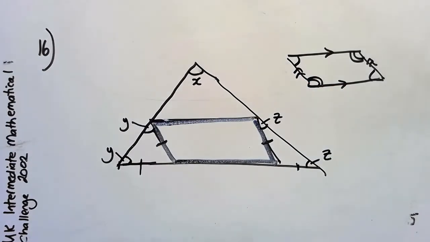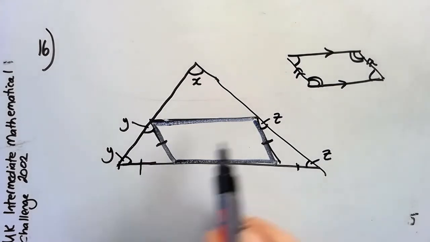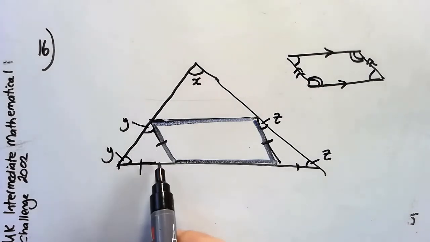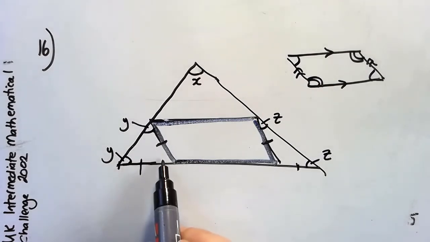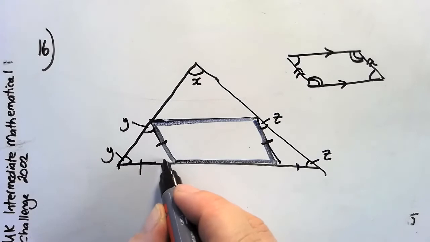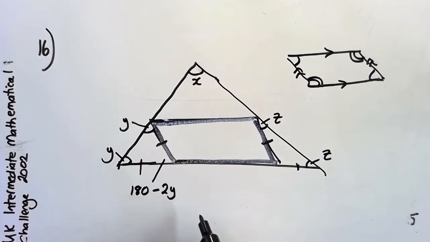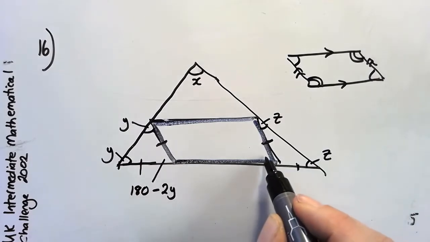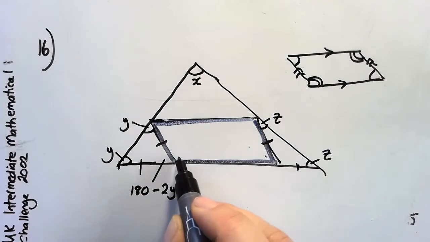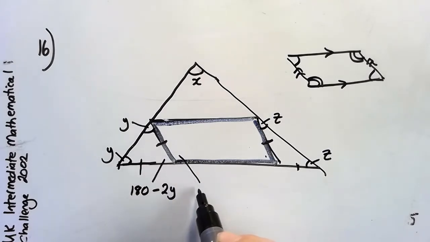So we're going to start by looking at the relationships that we've got. We are told about the length of those sides here, but we know how to describe this angle just here. This angle here will be 180 subtract 2 lots of Y. And this angle here, and therefore this angle here, will be just 2Y.